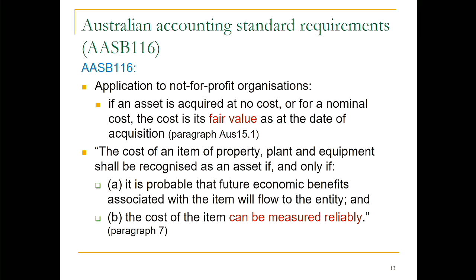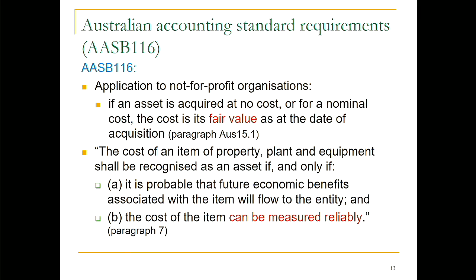All right. Let me go through the existing accounting requirements for these types of facilities. As we know, in Australia we adopt a sector-neutral approach. It means that the Australian accounting standards are applicable to both the private sector and the public sector.